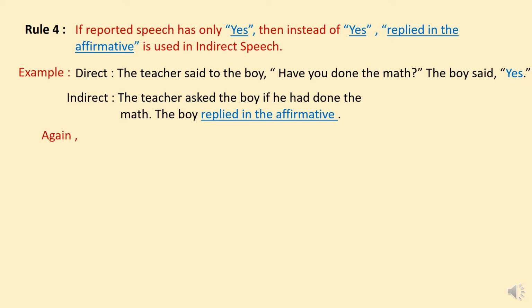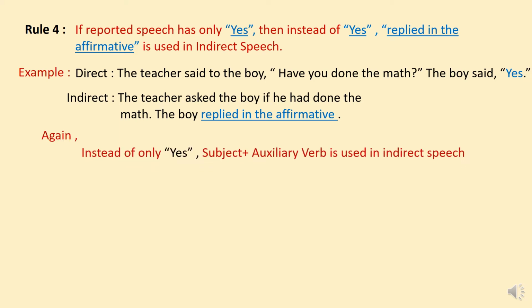Again, instead of only yes, subject plus auxiliary verb is used in indirect speech. For example, the boy said or replied that he had. He, subject; had, auxiliary verb. Where has this auxiliary verb come from?